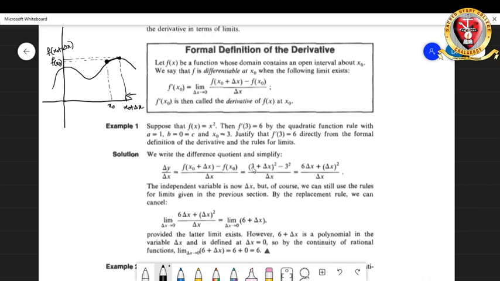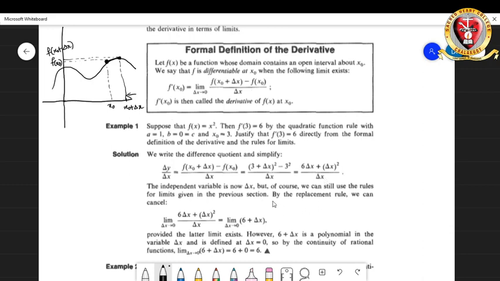You just solve it. You get 3 square plus 6 into delta x plus delta x square minus 3 square. You cancel out 3 square and 3 square. You get 6 delta x plus delta x whole square divided by delta x. Now you can simplify this fraction, since delta x can be cancelled out as delta x is not equal to 0.